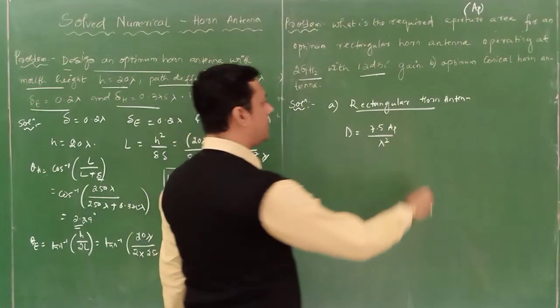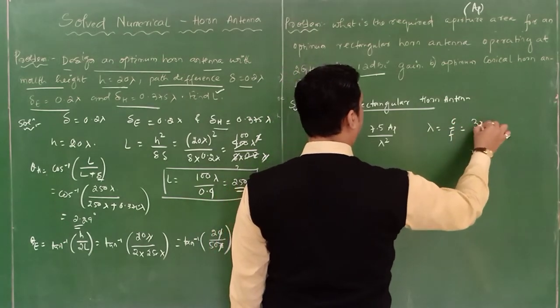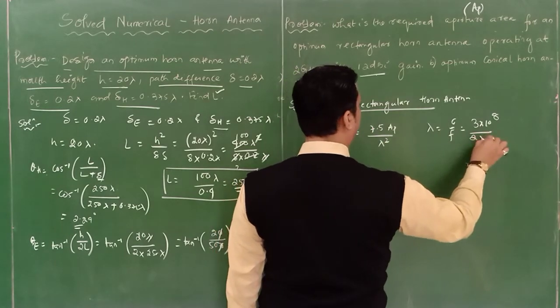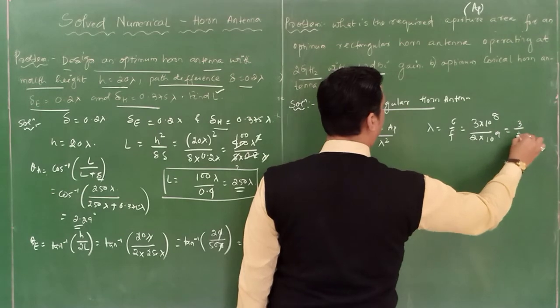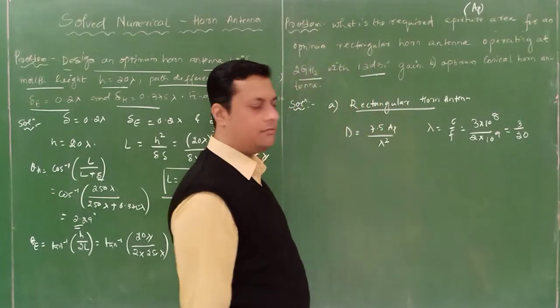Now what is lambda? Lambda is equal to c by f, 3 into 10 to the power 8 divided by the frequency 2 into 10 to the power 9. So it is 3 divided by 20. That is my lambda value.